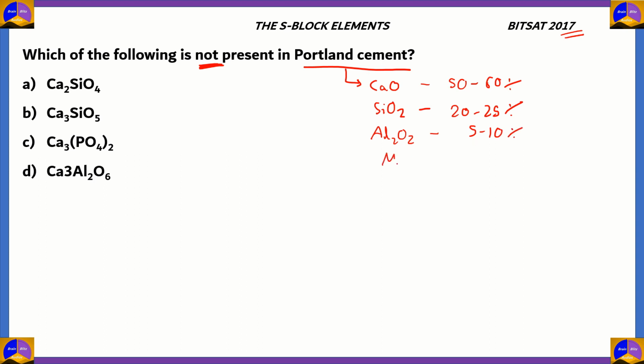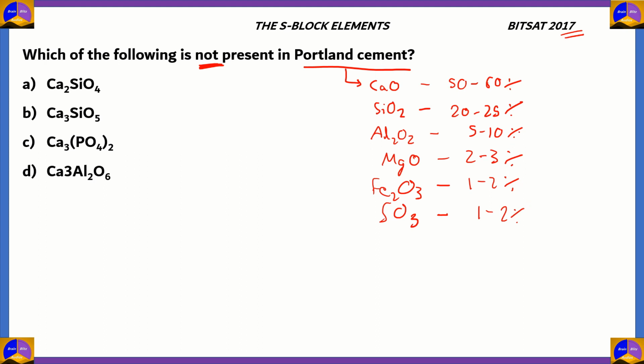You have MgO, that's about 2 to 3%. And you have iron oxide, Fe2O3, so that's 1 to 2%. And finally, you also have SO3, sulfur trioxide, which is also present about 1% of Portland cement.